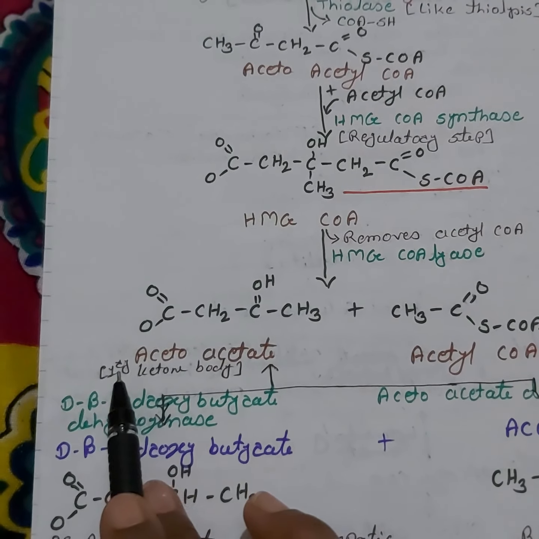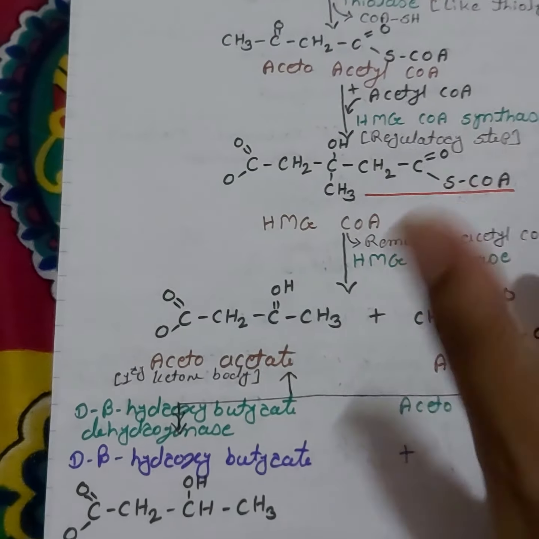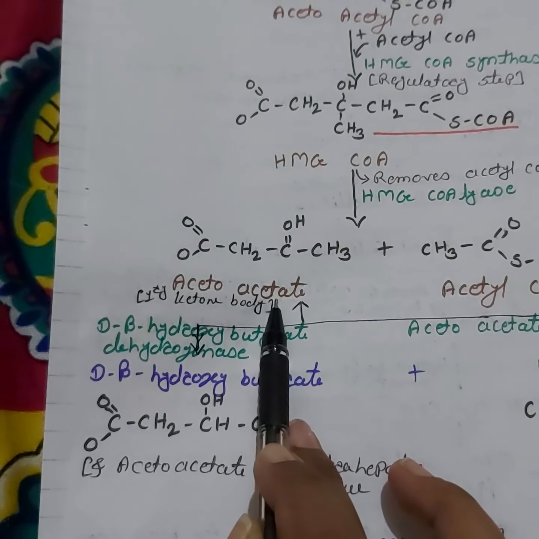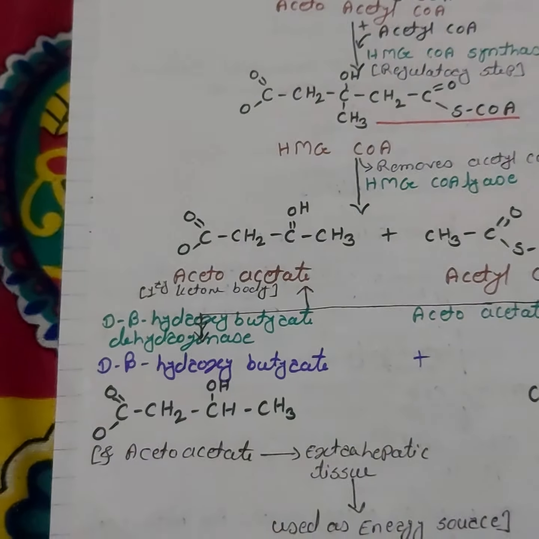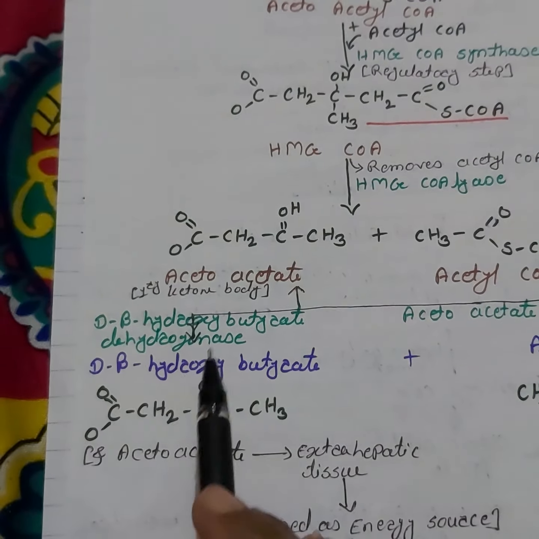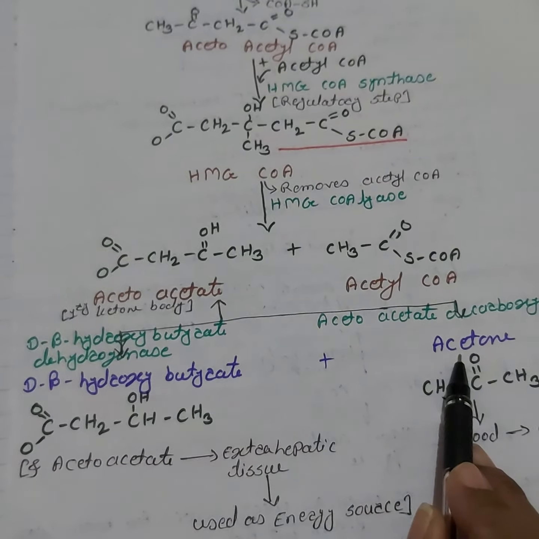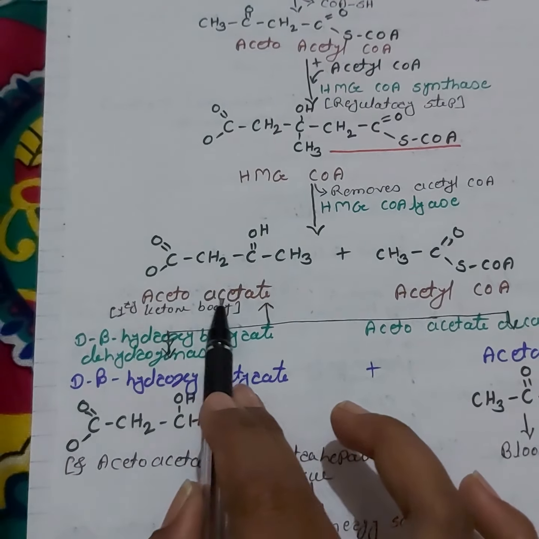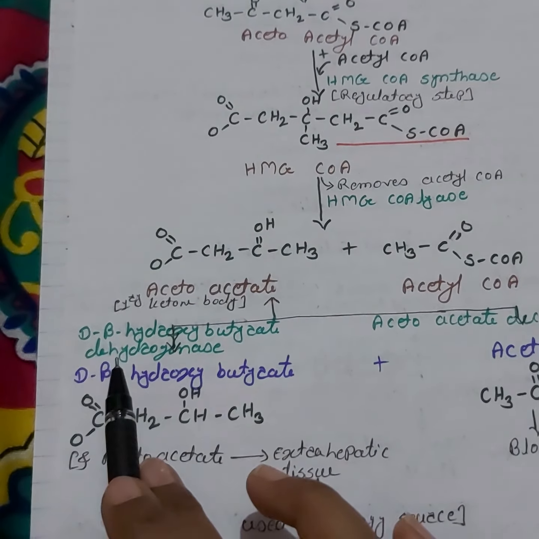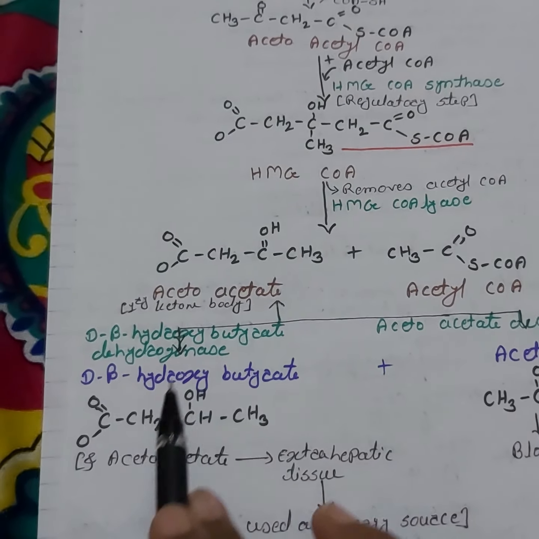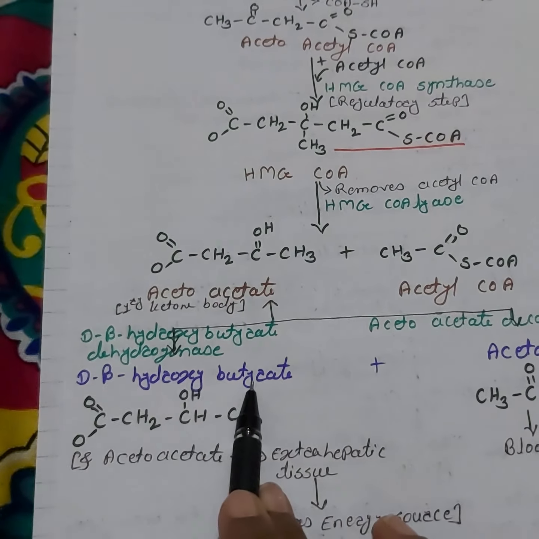Acetoacetate is the primary ketone body. From acetoacetate, we can obtain the two other ketone bodies: D-beta hydroxybutyrate and acetone. When acetoacetate is acted on by D-beta hydroxybutyrate dehydrogenase, it produces D-beta hydroxybutyrate.